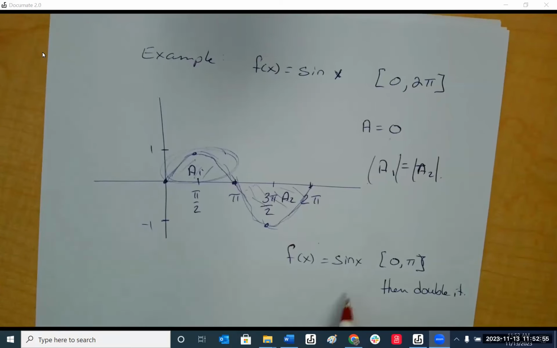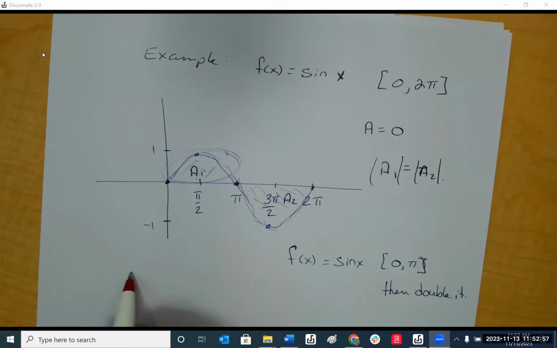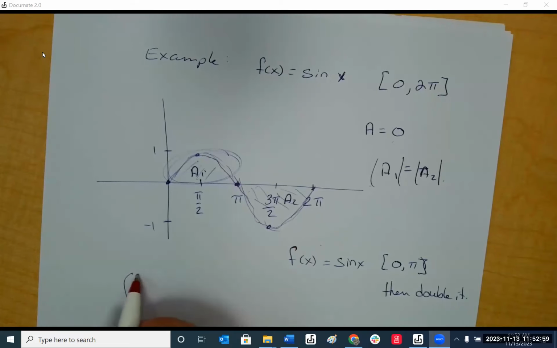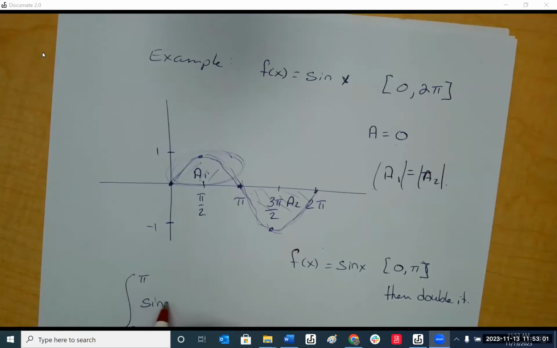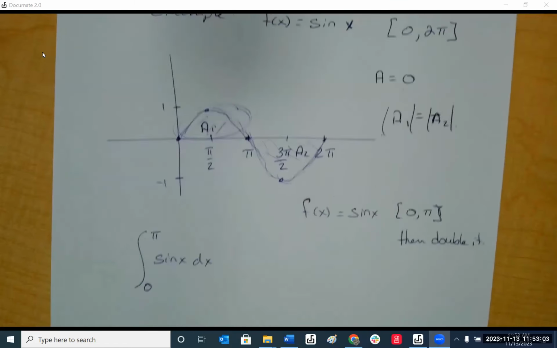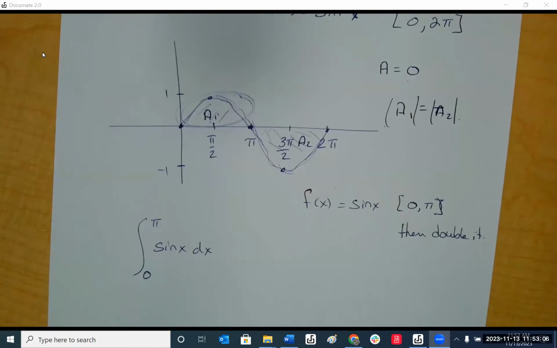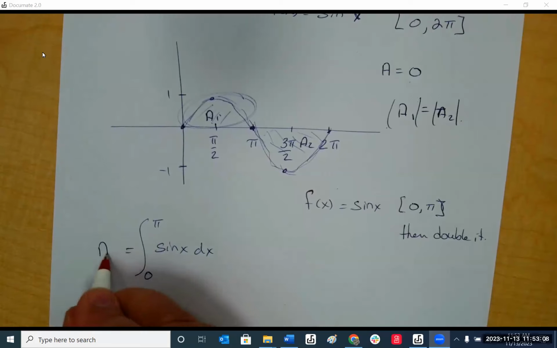Because what we're looking for here is the integral from 0 to pi of sine x dx. This finds us the area.